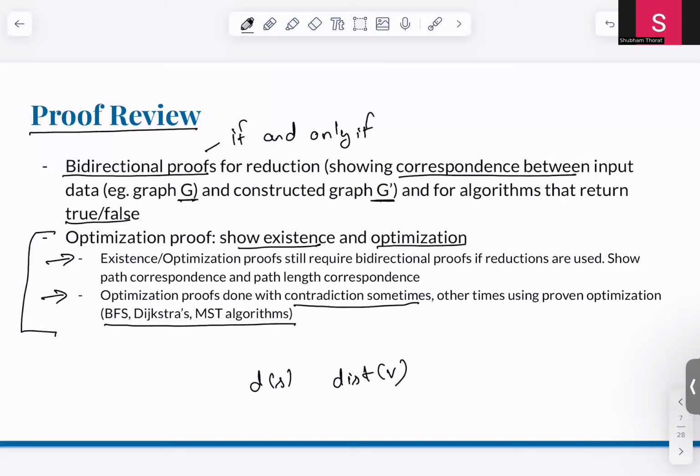And for bidirectional proof, I think we covered it in the first couple of weeks, where we create copies of your vertices and you add the edges. I'm not exactly sure which homework or question number that one is, but there you can see the bidirectional proof actually.